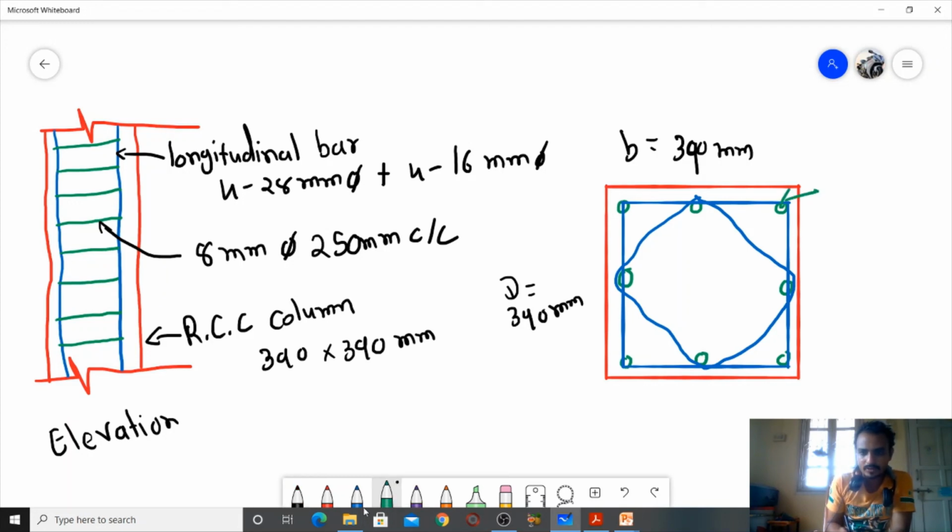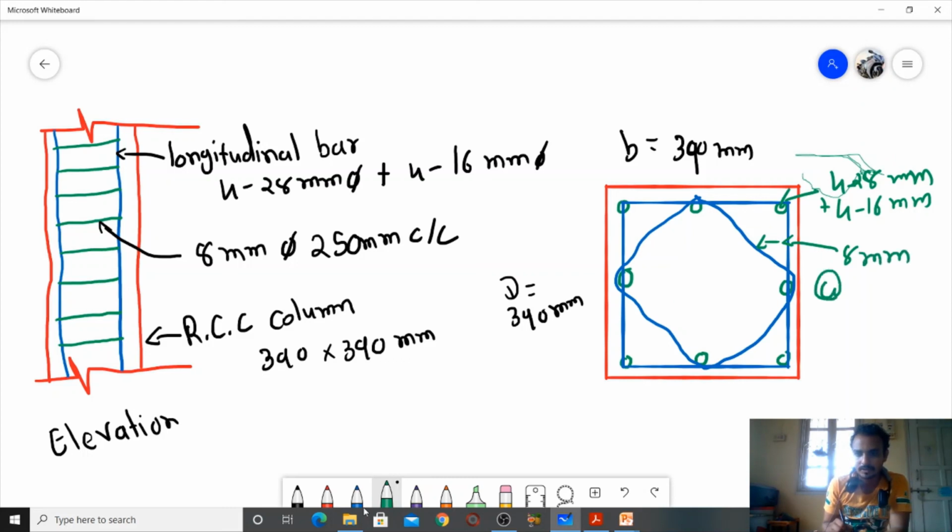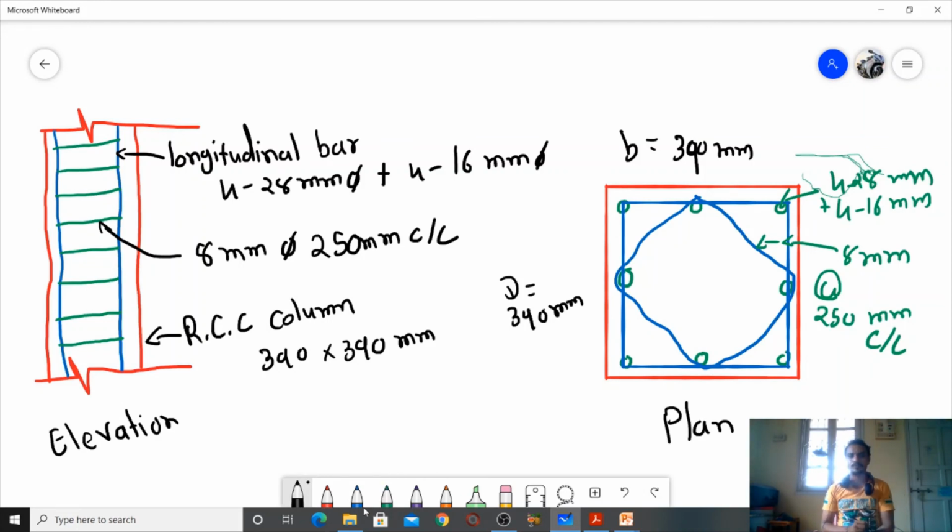Here is the longitudinal bar, 4 bars of 28 dia and 4 bars of 16 dia, and here is the lateral tie, 8 dia at 250 center to center. So our design is completed. It's a plan.